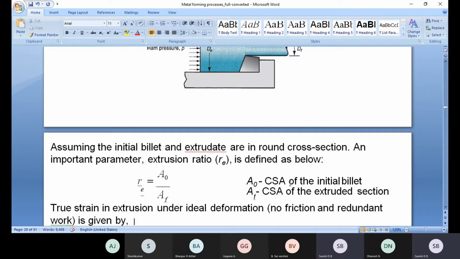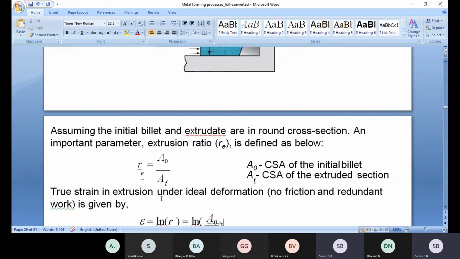See here, R suffix E, the extrusion ratio, equals capital A naught divided by capital A suffix F. Capital A naught is the original cross-sectional area of the work billet, and A suffix F is the final cross-sectional area of the extruded component.